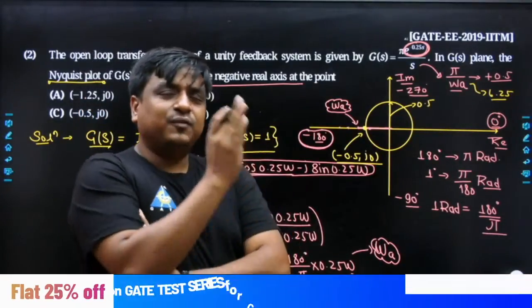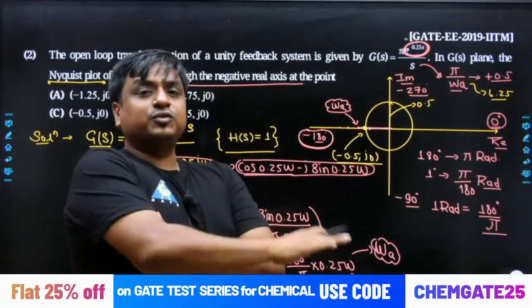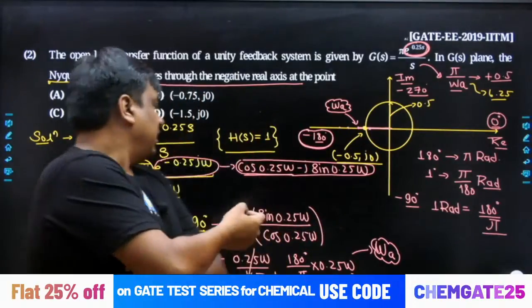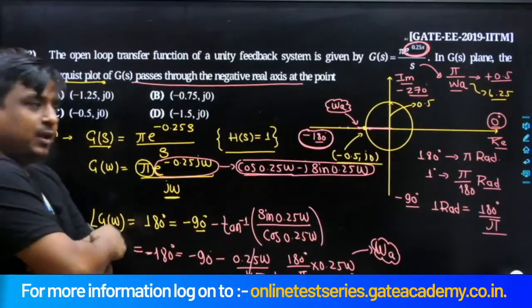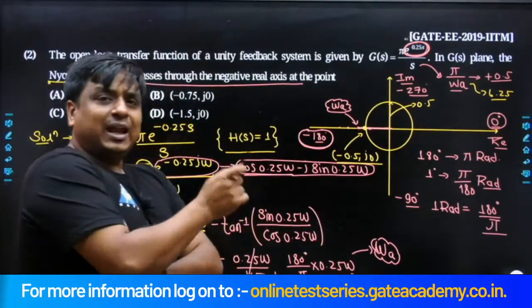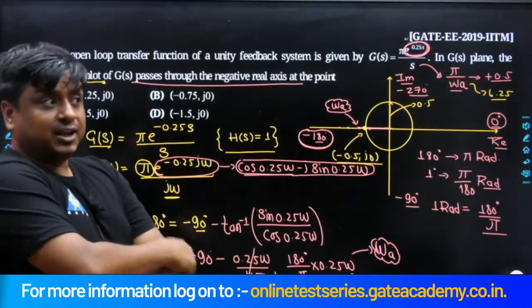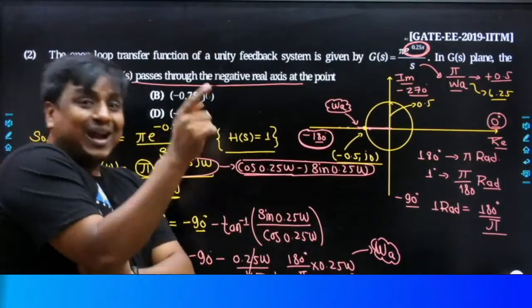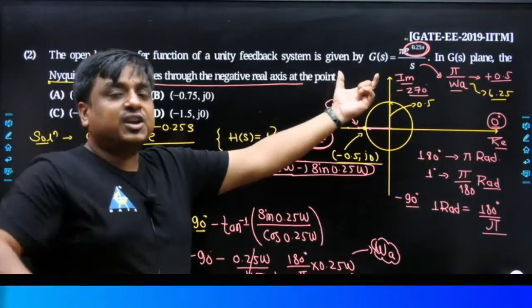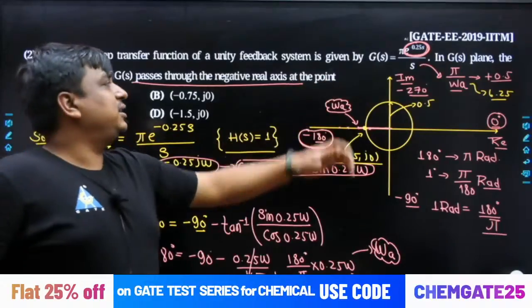Just try to find at which value of omega it crosses that particular angle. Like here I took the reference of 180 degrees. And once you know the value of omega at which it crosses minus 180 degrees, taking the reference of that omega, I can get its magnitude. Straight away, there is no other way.